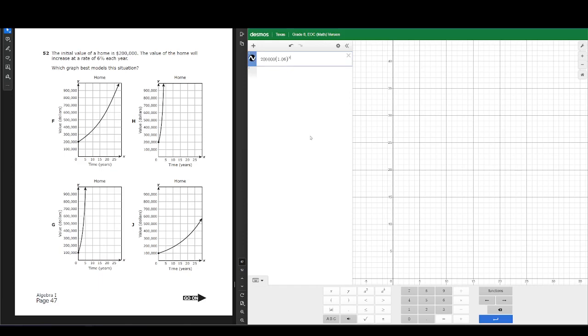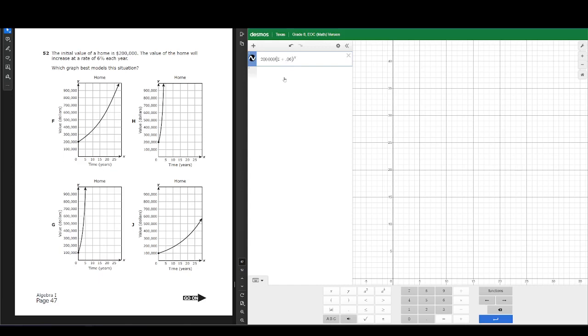The problem is Desmos can't really help us with knowing that this should be 1.06 instead of 0.06 or 6. So a common error here would be to put 6 in there, but it's supposed to be 1 plus whatever the percentage is.